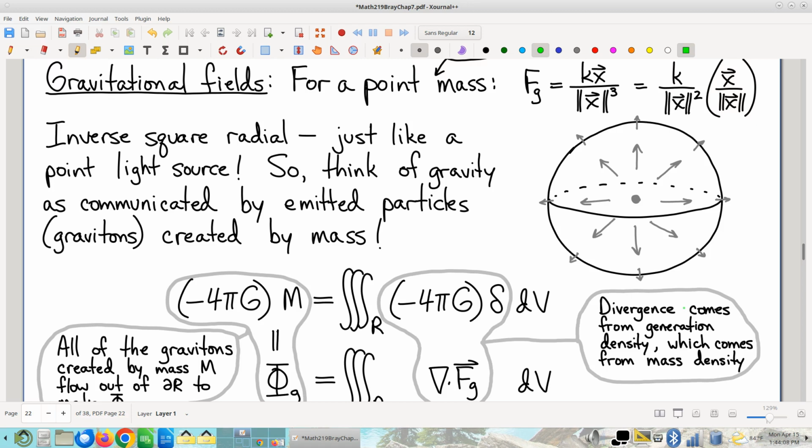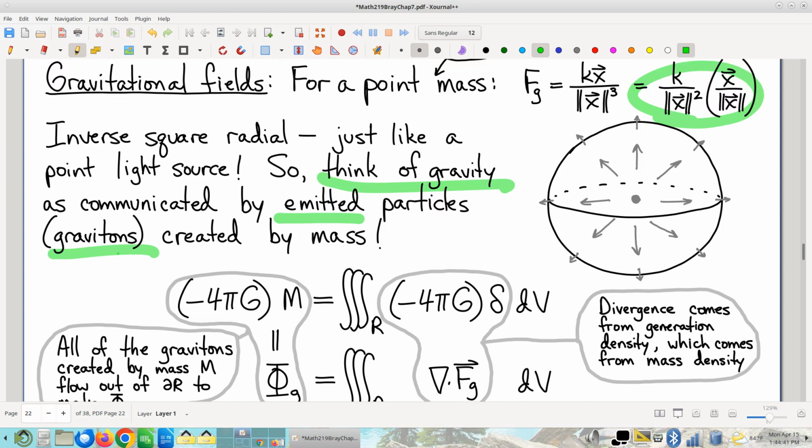So in fact, because this looks just like the vector field where there was a point light source emanating photons, we're going to reinterpret gravity as a point mass that just emits little particles called gravitons. It's like they're little photons, except that instead of communicating light, they communicate gravitational force.